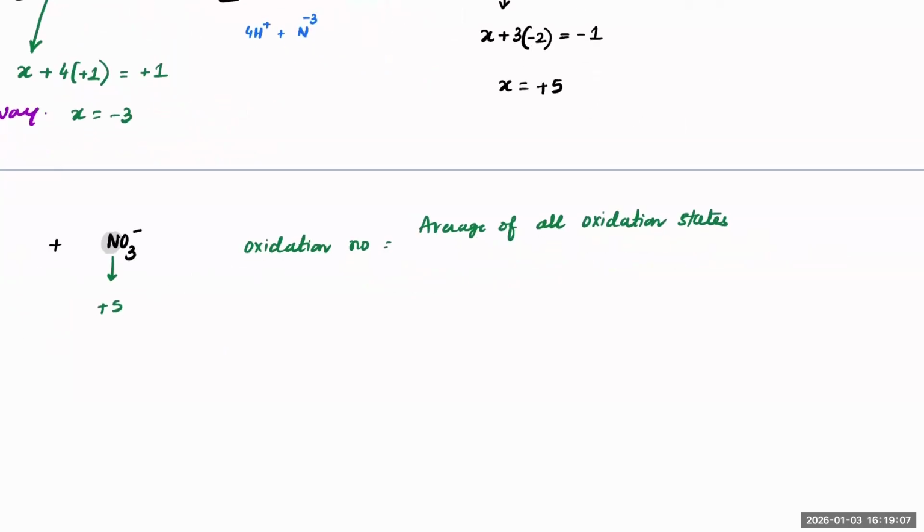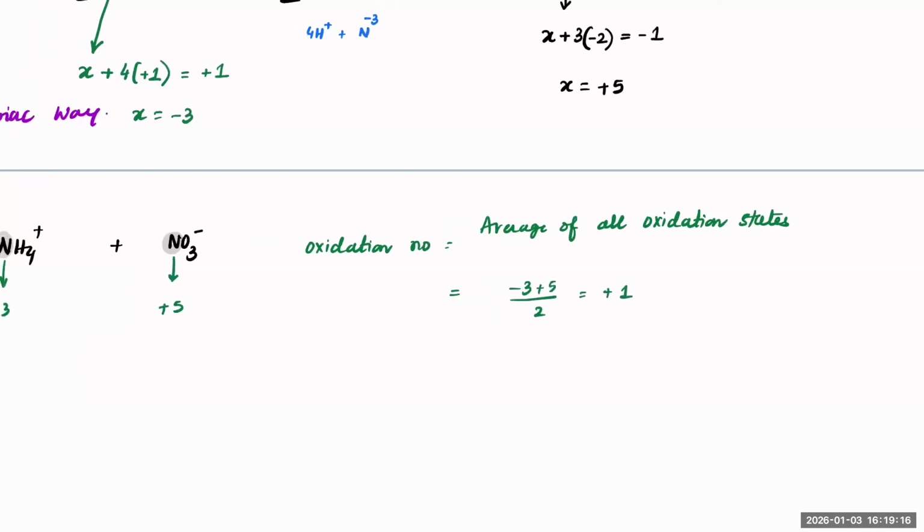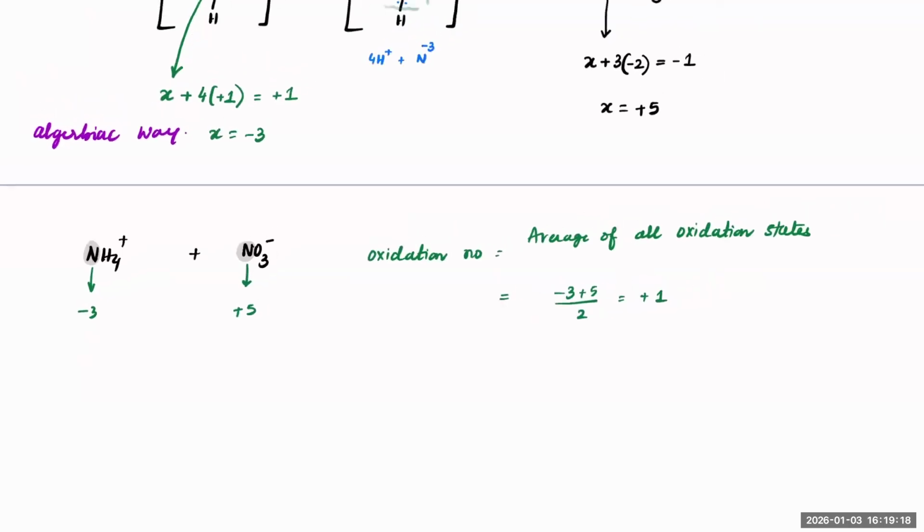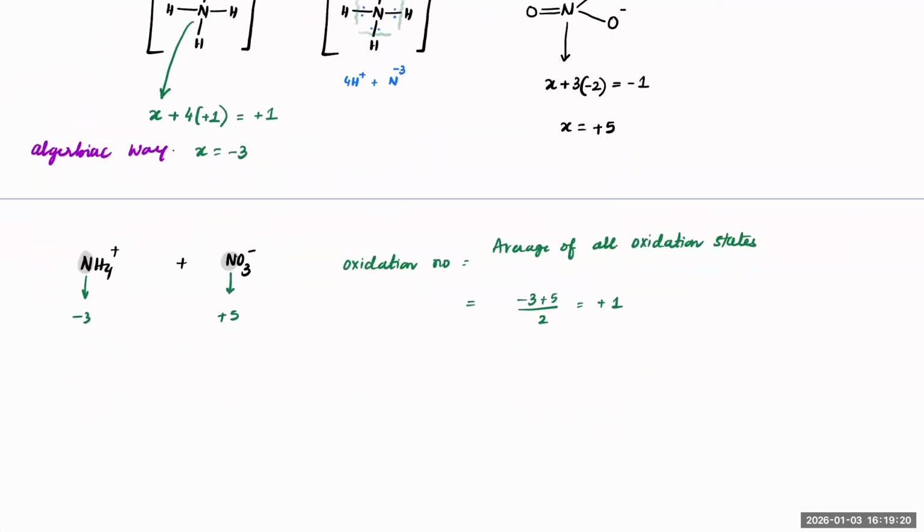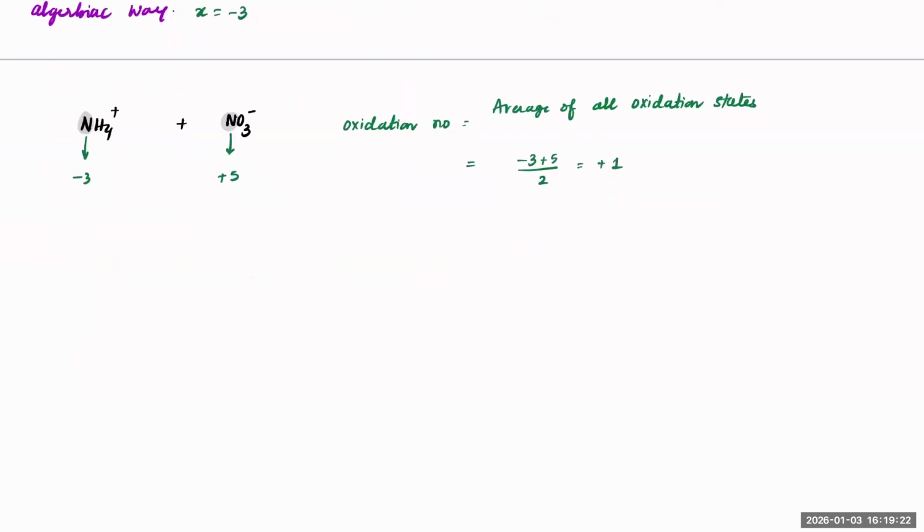Therefore, if you notice here, it is -3 plus 5 divided by 2. So how much is it? Plus 1. So +1 is the oxidation number, and -3 and +5 are oxidation states.